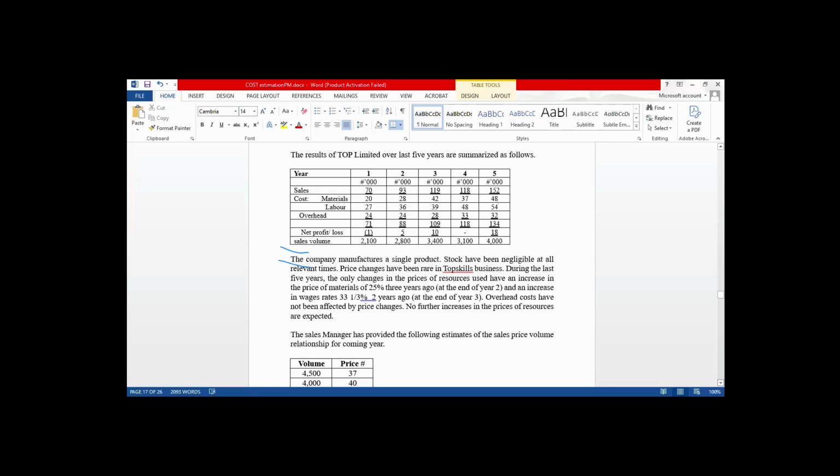In year 1, sales was 2,100 units. Year 2, sales was 2,800 units. Year 3, sales 3,400 and what have you.